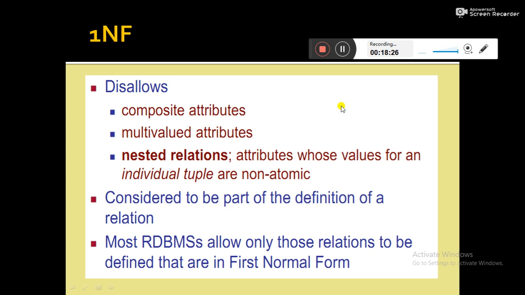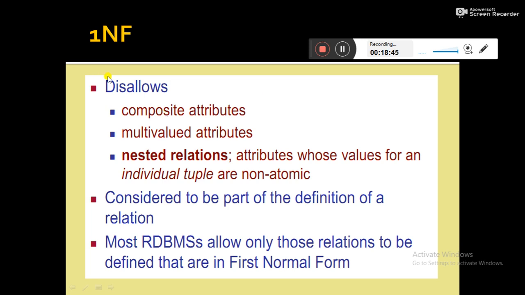Again I am repeating, a relation is in 1NF if and only if for every record, or for every tuple, all the attributes contain a single value as well as the value is atomic.